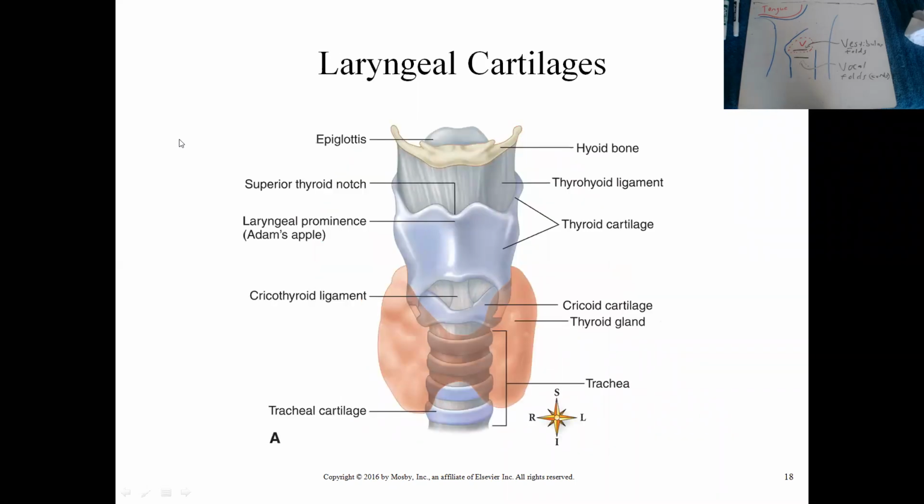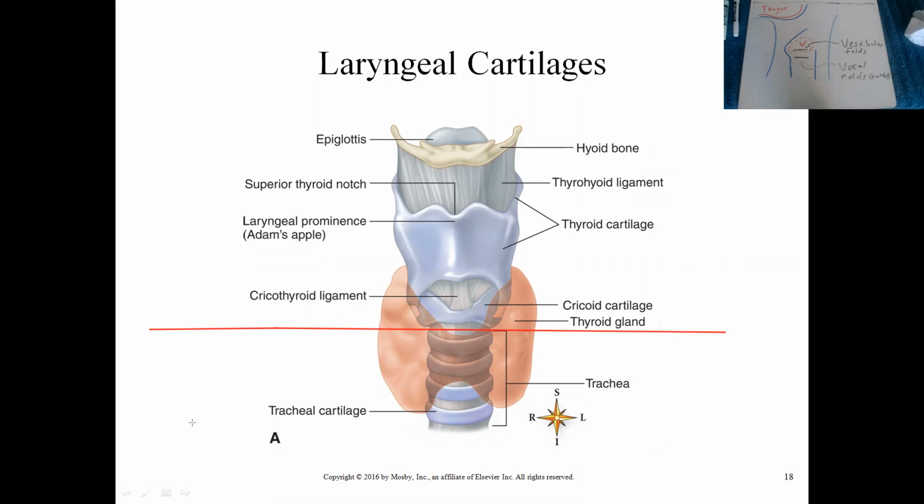And here's a look at the larynx from the front. Larynx goes down to this line. So above this line is larynx. Below it is the trachea, which is the next part we'll talk about. For the larynx, we're going to look at the cartilages that make up the larynx framework.